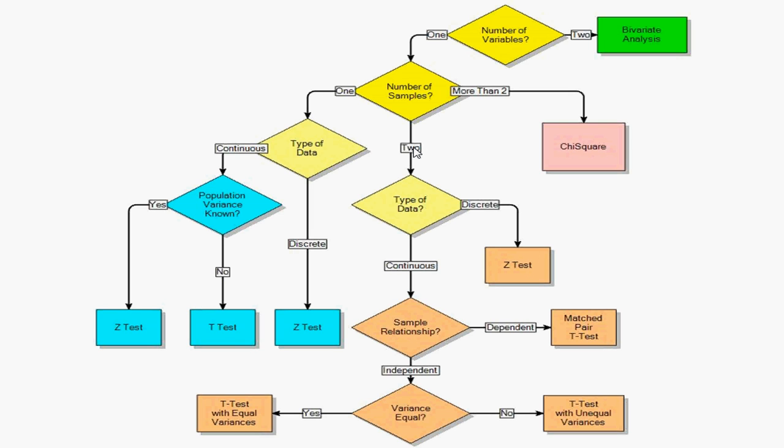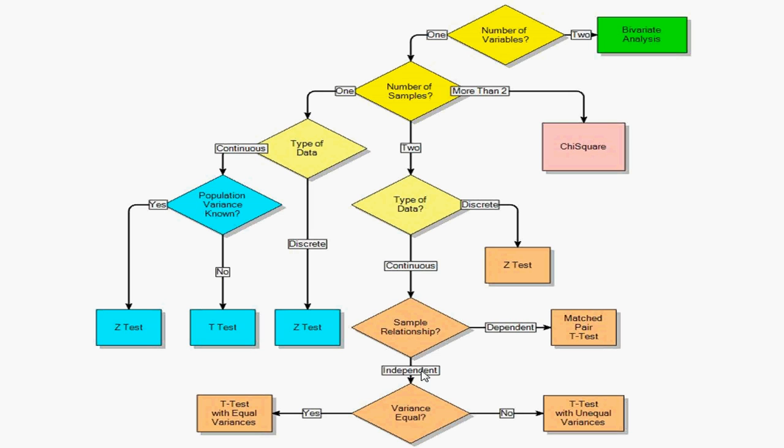What happens if we have one variable, say it's preference, we have 2 samples, preference of men versus preference of women, then if preference is a continuous variable, in other words, on a scale we can have a 2.4 number, then the next question we have to answer is, what is the relationship between those 2 samples? If it's dependent, then we run what's known as a matched pair t-test.